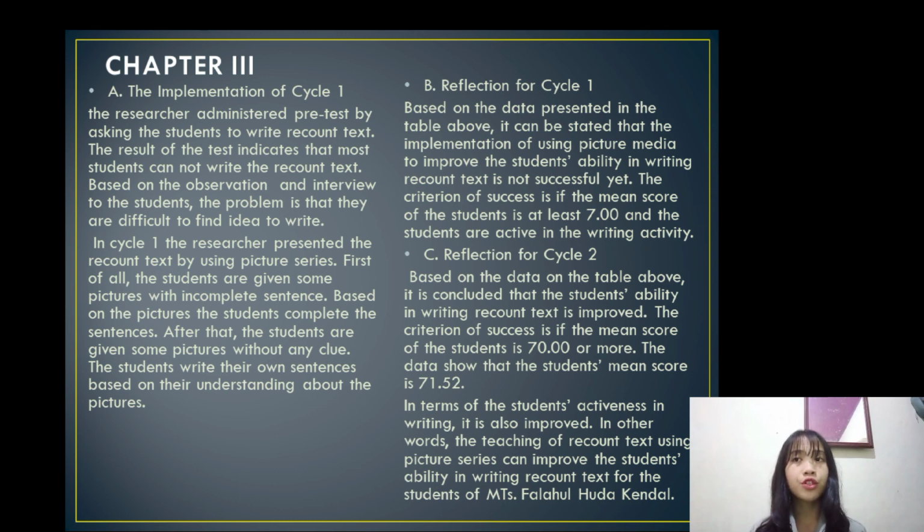In terms of the students' activeness in writing, it is also improved. In other words, the teaching of recount using picture series can improve the students' ability in writing recount for the students of MTs Falahul Huda Kendal.